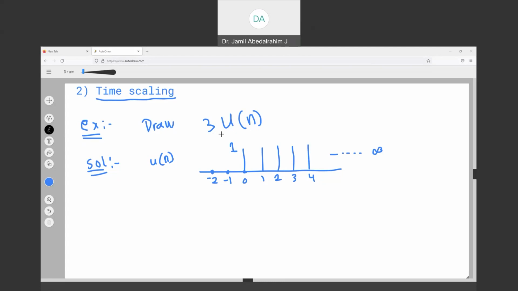That means the original one is u of n, but here it is 3u of n, so we are going to multiply the original u of n by 3. The original u of n equals 1, right? The amplitude is 1. So we multiply it by 3, and the value of the signal will become 3. So our figure will be like that.